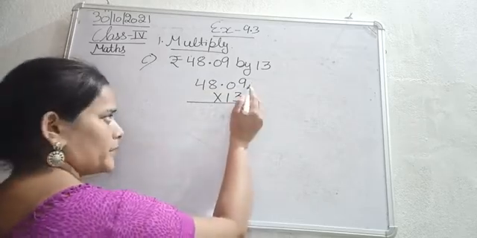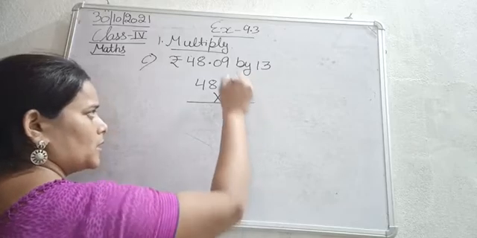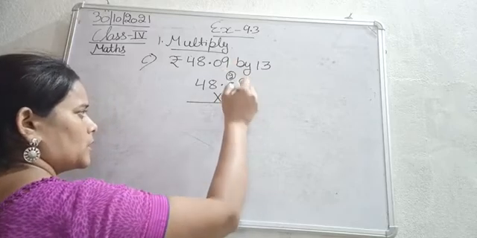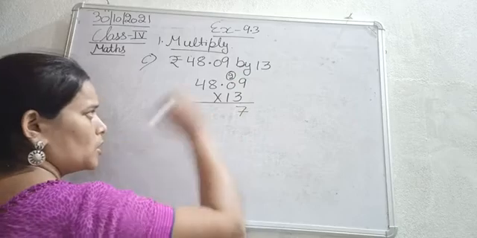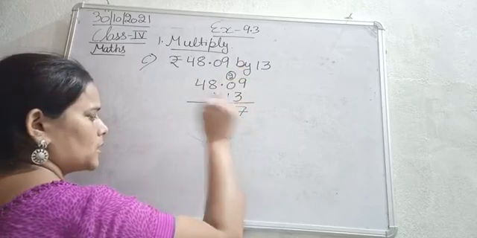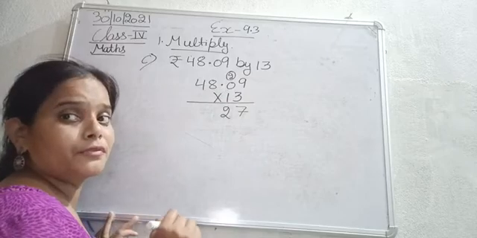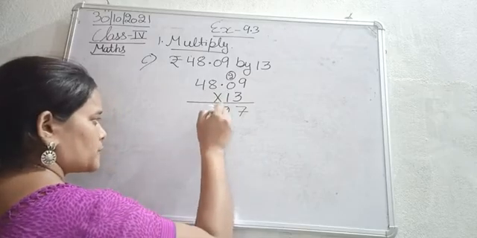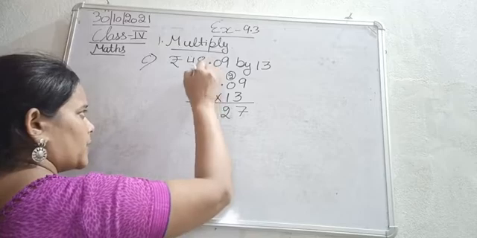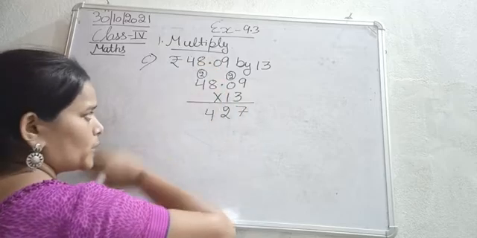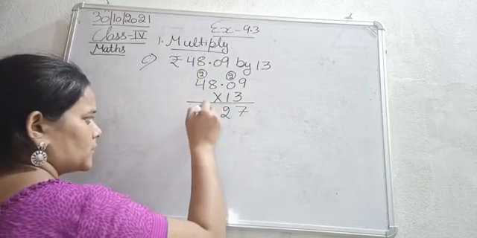3 9s are 27. 7, 2 will be carried above. 3 zeros are 0 plus 2, that is 2. 3 8s are 24, that is 4. 2 will be carried above. 3 4s are 12 plus 2, 14.